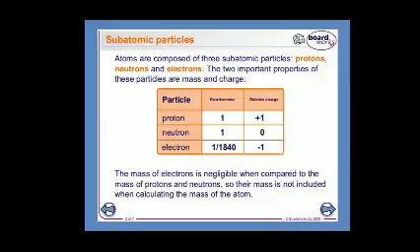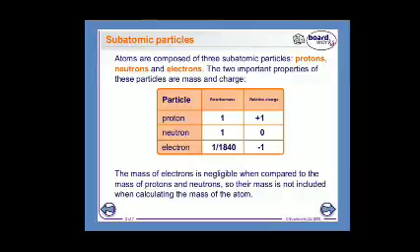The fundamental particles: proton mass 1, its charge +1; neutron mass 1, neutron charge neutral, that is 0; electron weight or mass is equal to 1/1840th of hydrogen mass.